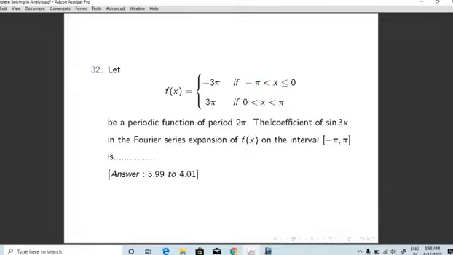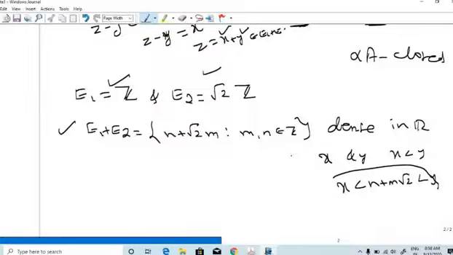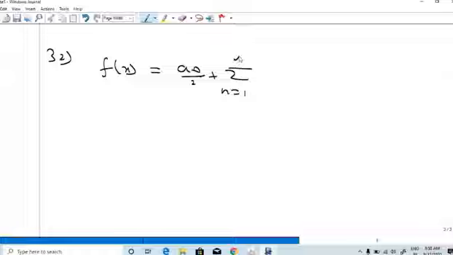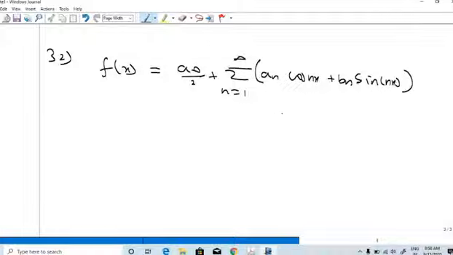What is the coefficient of sine 3x in the Fourier series expansion of f of x on the interval minus pi to pi? So you should know the Fourier series expansion of a given function. This is a0 by 2 plus summation n equal to 1 to infinity of an cos nx plus bn sin nx, where the summation is common for an and bn.